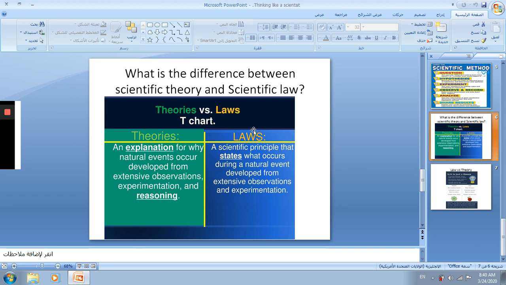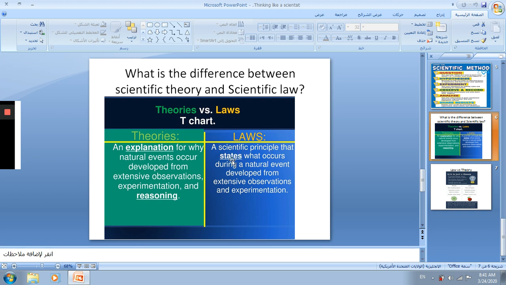Let's start with theories, an explanation for why natural events occur, developed from extensive observations, experimentation and reasoning.